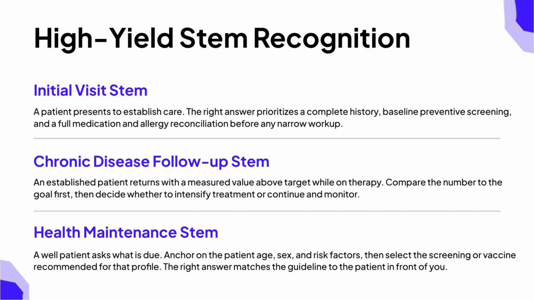For a health maintenance stem, a well patient asks what is due, and you anchor on the patient age, sex, and risk factors. Then select the screening or vaccine recommended for that profile. These 3 stems repeat over and over on practice questions and on the real exam, so train yourself to label each one the moment you read it.